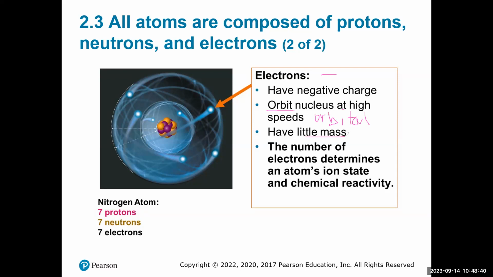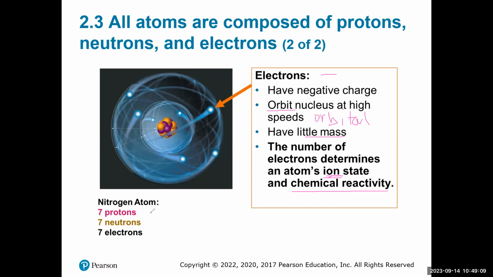They have very little mass, so they're very, very small; you can't weigh them. The number of electrons determines whether something is an ion or not, and we'll talk about that. This is your introduction to it. This also determines its chemical reactivity: can it bind with other things, and how likely is it to make a molecule?